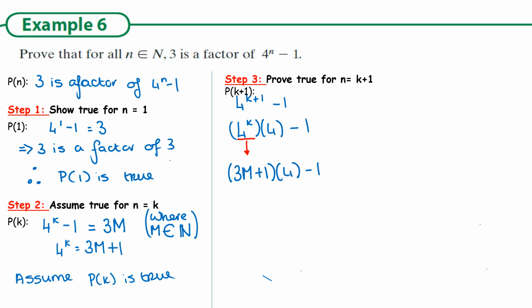I'm going to multiply everything out. So I have 12m plus 4 minus 1. And that's 12m plus 3. And that can be written as 3 bracket 4m plus 1. So that means it is divisible.